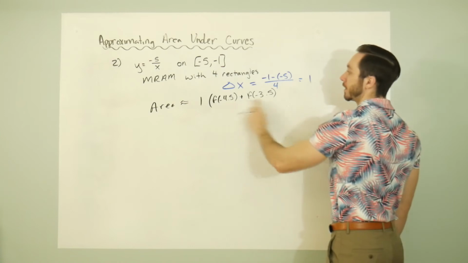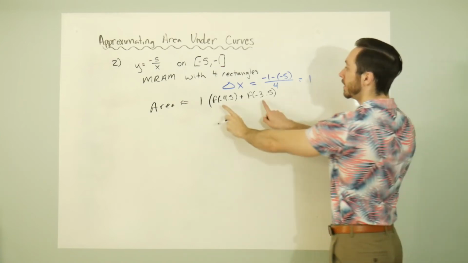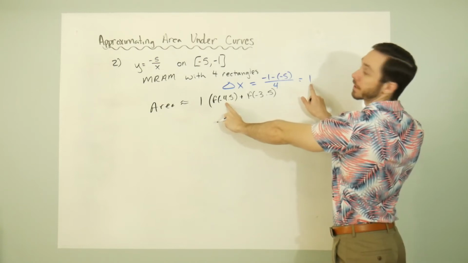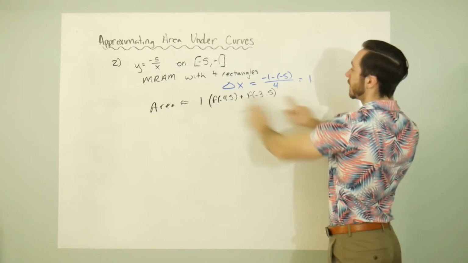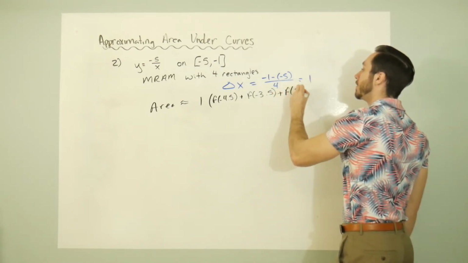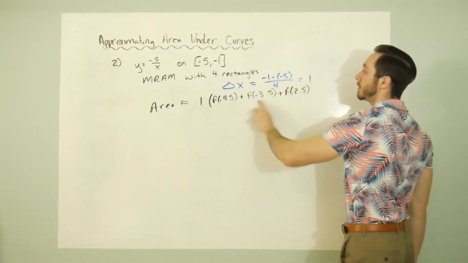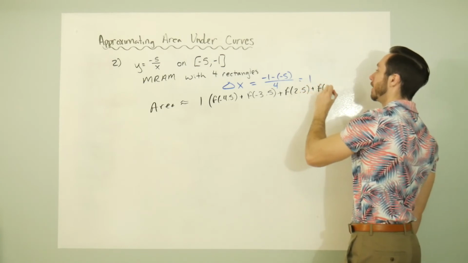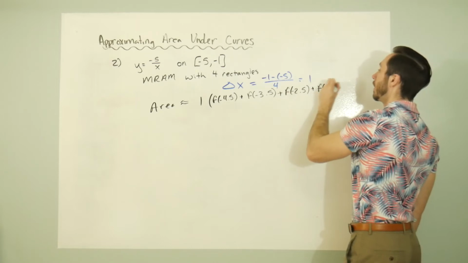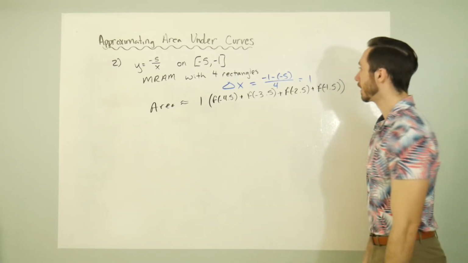So you'll note that the x value is always going to follow the delta x here. This difference is 1, the next difference will be 1, and so on. So it's going to be f of -2.5, and we have 4 rectangles, so I have 1, 2, 3 so far. This will be f of -1.5. Okay, and then close that parenthesis there.